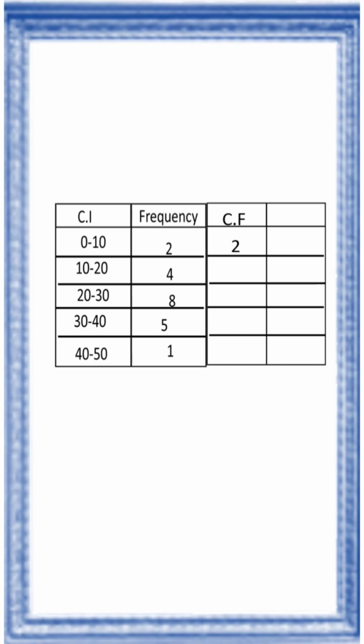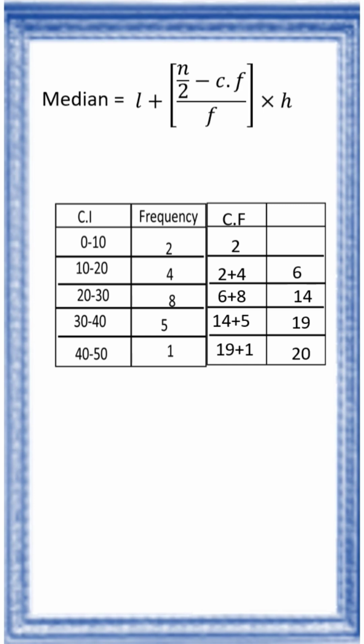In the first one, let us write 2. 2 plus 4, 6. 6 plus 8, that is 14. 14 plus 5, that is 19. 19 plus 1, 20. Actually, median is equal to L plus (n by 2 minus CF, that is cumulative frequency) upon f into h.